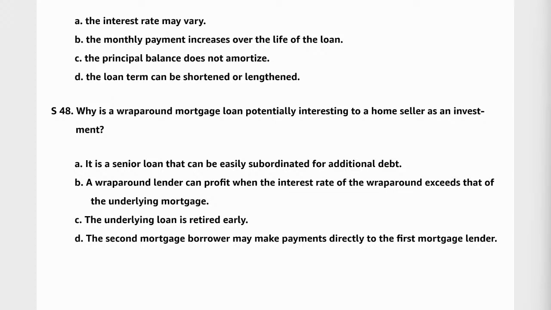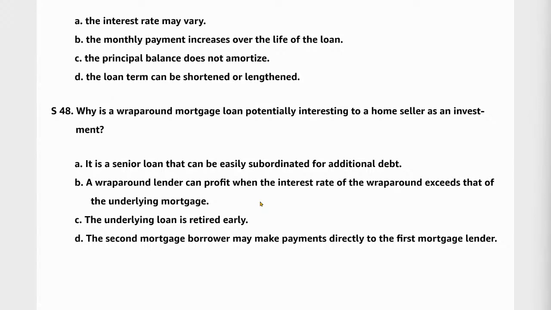So the second one says that the first loan that the owner has is staying in place. He's going to sell it, and a new loan is going to be wrapped around the current loan, and it's going to be greater than that loan because he's selling it at a higher price than the balance on his or her loan.